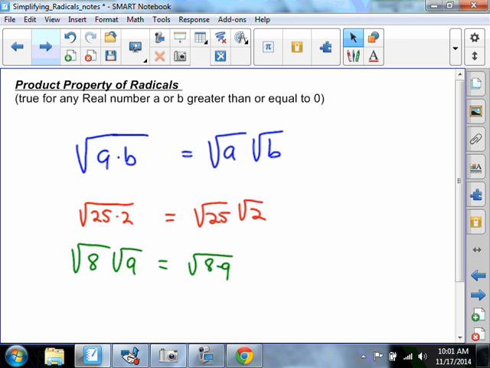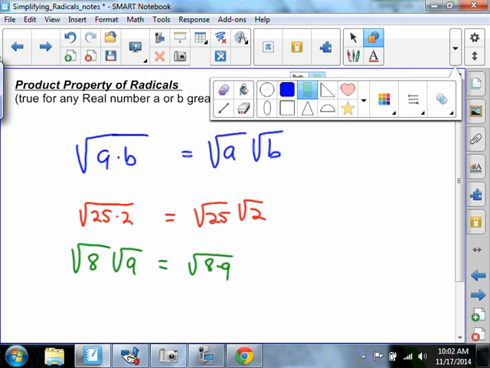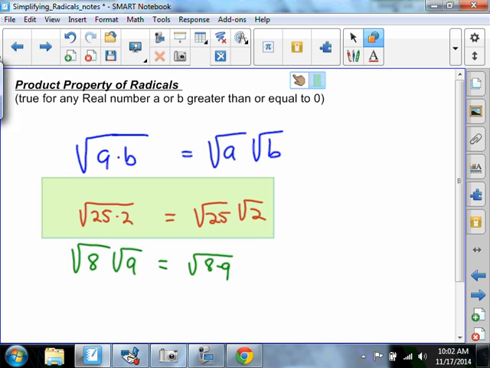So this property is kind of confusing at times, but using it in this way is predominantly how we're going to simplify square roots. How are we doing? All right.